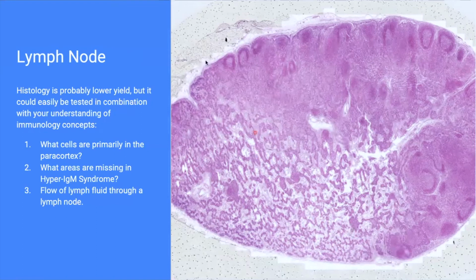So out in the cortex here, the outer portion of our lymph node, we can see a lot of germinal centers. We see a lot of active germinal centers out in the cortex, indicative of an active lymph node that is going through an inflammatory process.